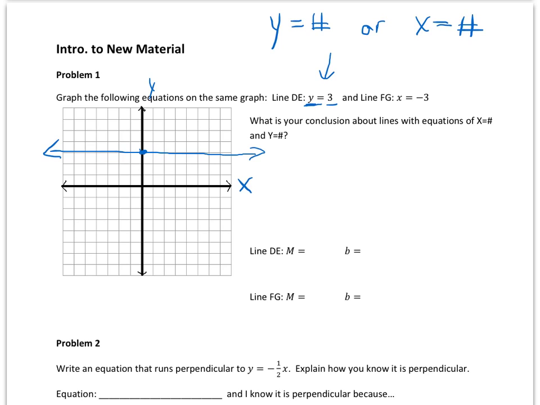The other way of thinking about this, and you don't have to get this next part down in your notes, is that no matter what ordered pair you have, okay, any of these ordered pairs, the y value in that ordered pair is always 3. So in your xy, the y value is always 3.